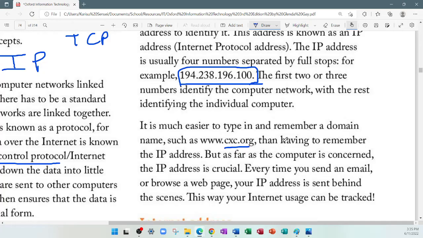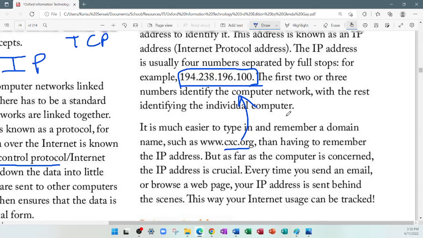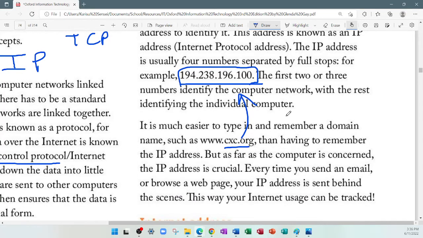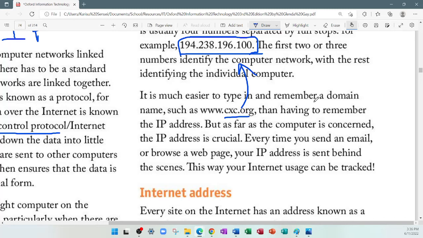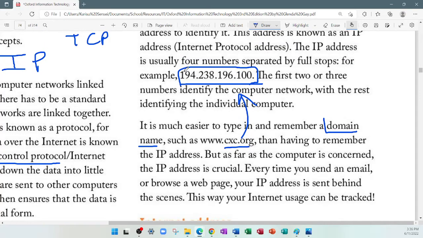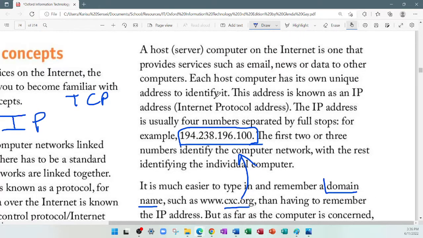So what basically the internet has is a computer that converts CXC.org to the IP address. There's a device on the internet that converts that. So important to note, CXC.org is called a domain name, and the actual identification of that web server is the IP address.